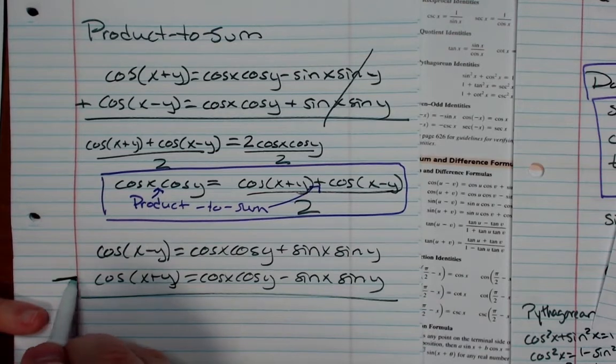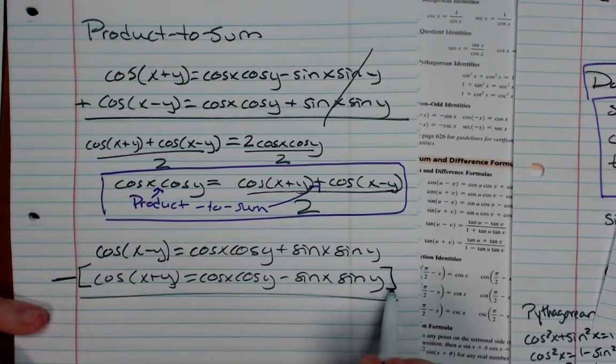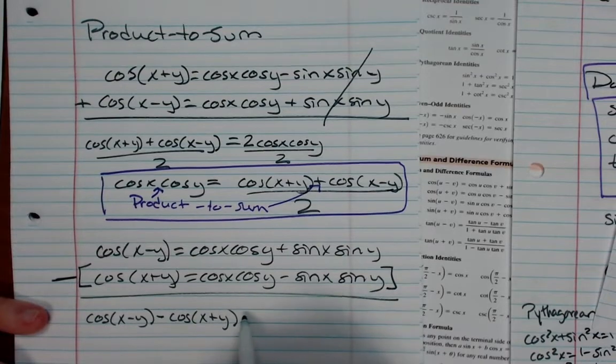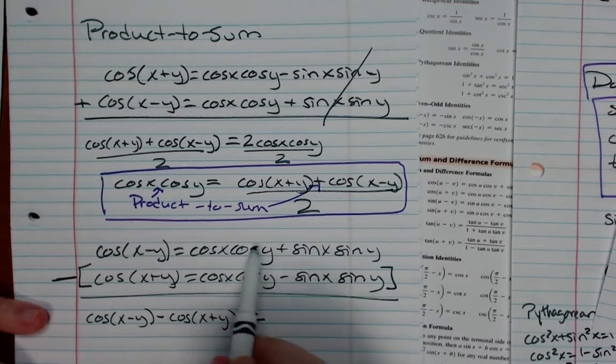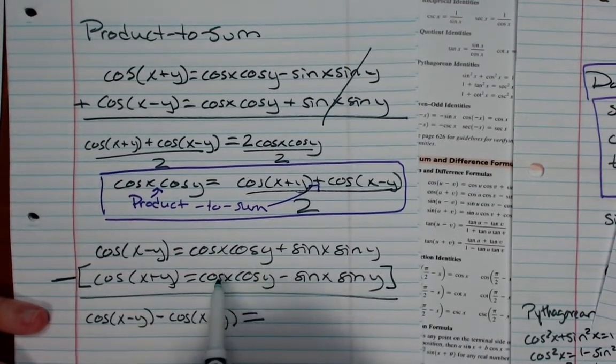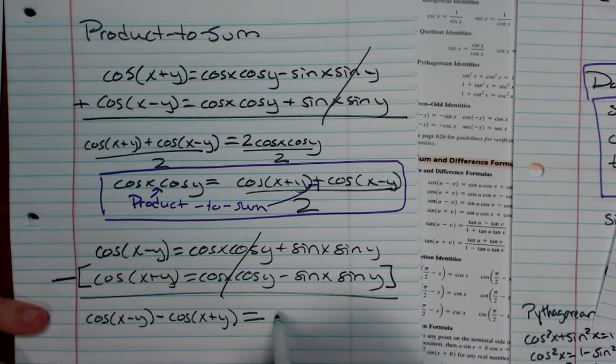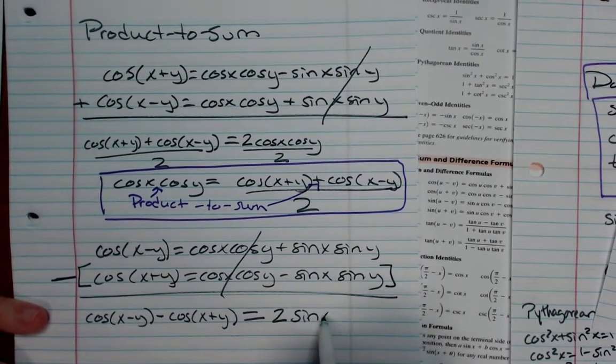So I'm going to subtract this one, so cos x minus y minus cos x plus y equals cos x cos y minus cos x cos y, means those cancel. Sine x sine y minus a minus is a plus, so we have 2 sine x sine y.